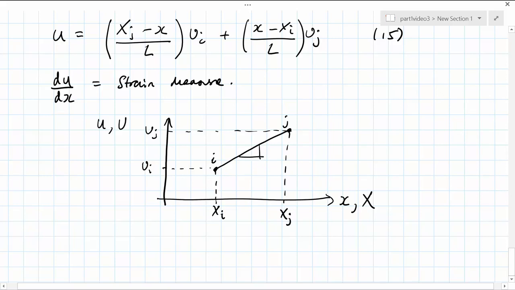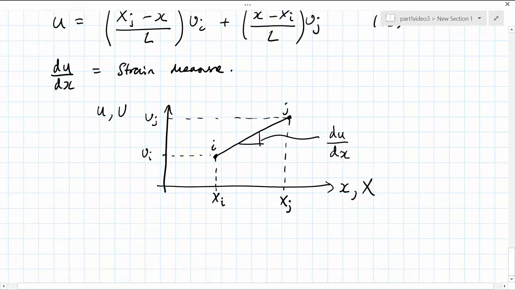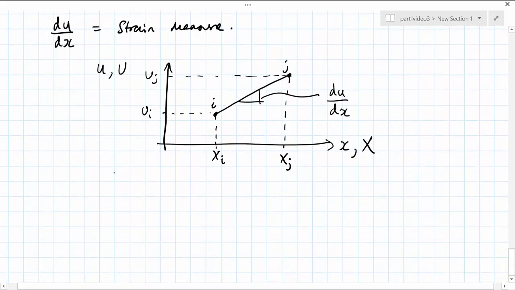The slope of this line in continuous coordinates is given by du by dx. By looking at this diagram, it should become clear that the derivative du with respect to dx over this element can be written in terms of nodal values: capital Uj minus capital Ui divided by capital Xj minus capital Xi.